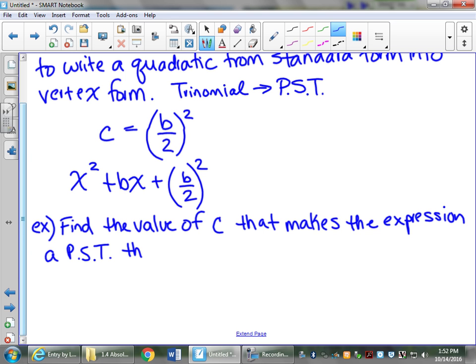And then we are going to write that expression as the square of a binomial. So write that down, then I'll explain what that means. As the square of a binomial.